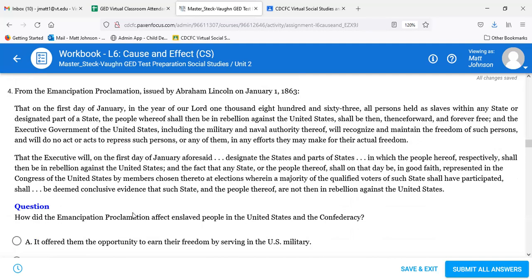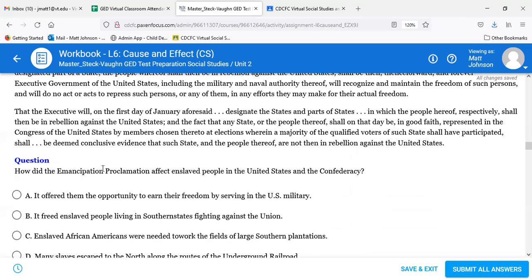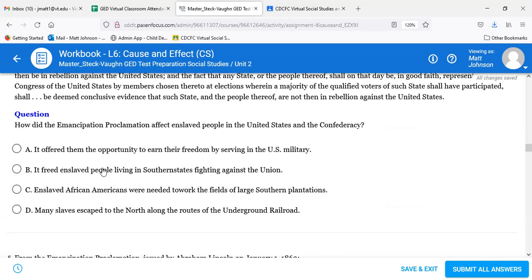Question: How did the Emancipation Proclamation affect enslaved people in the United States and the Confederacy? A, it offered them the opportunity to earn their freedom by serving in the US military. B, it freed enslaved people living in southern states fighting against the Union.